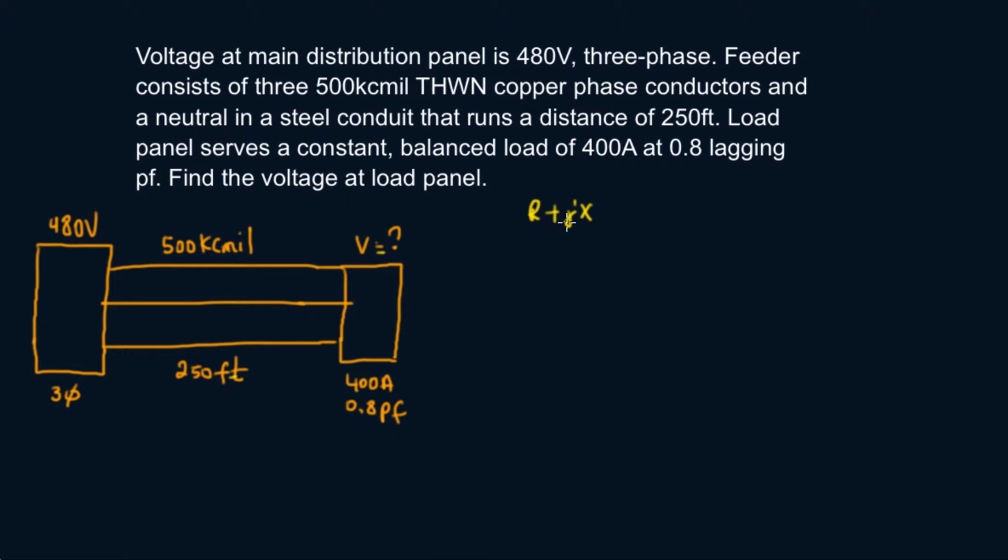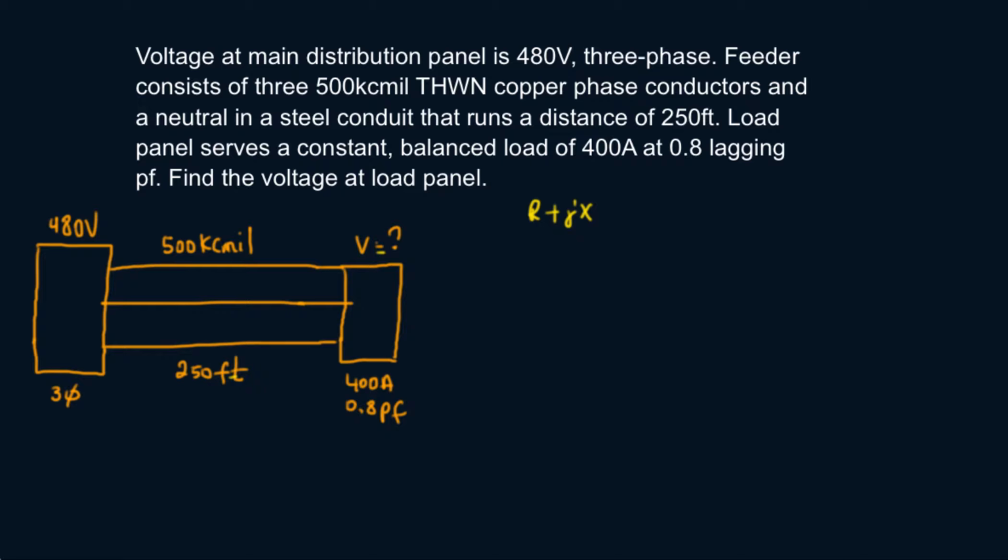This will be the impedance, and we calculate the voltage by multiplying by the current and subtracting from 480 volt, and we'll be able to get this. So very simple if you actually visualize it, so it's not confusing.